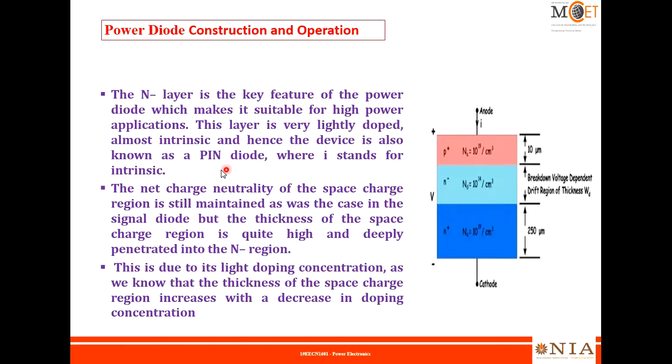The net charge neutrality of the space charge region is still maintained, as was the case in the signal diode, but the thickness of the space charge region is quite high and penetrates deeply into the N minus region. The drawback of the N minus layer is that it adds significant ohmic resistance.